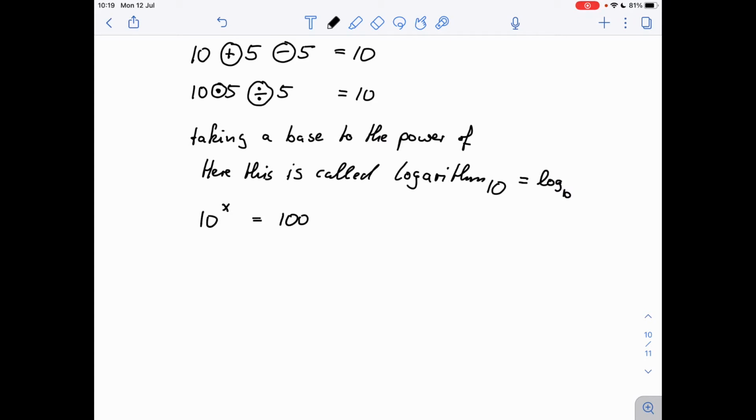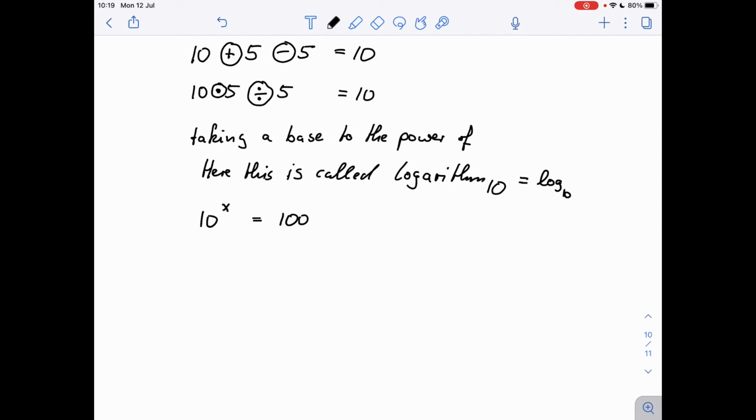Now we can apply this operation. We also know from a previous video that what we do to one side of the equation, we need to do to the other side as well.